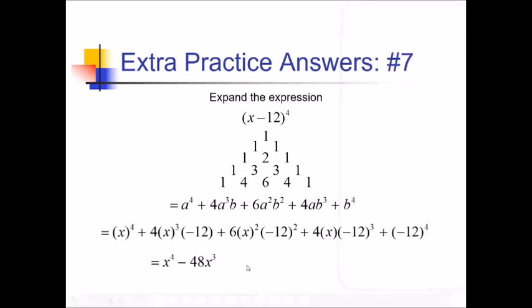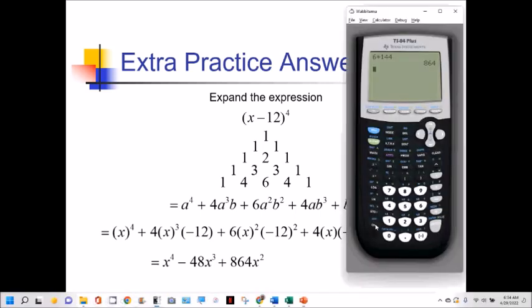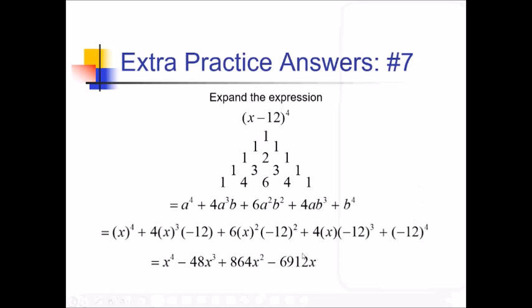So 864, and we have an x squared in there as well. Next, we have 4 times negative 12 cubed. Let me go back to the calculator for that. I have no idea what that is. It's going to come out negative, though, so let me just do 4 times 12 to the third power. And this is going to be negative 6,912, and we have an x to go with that.